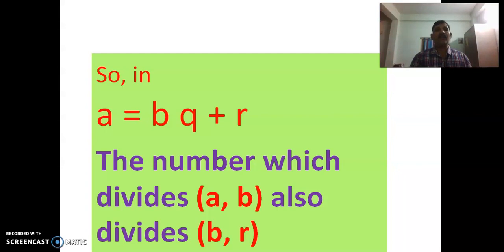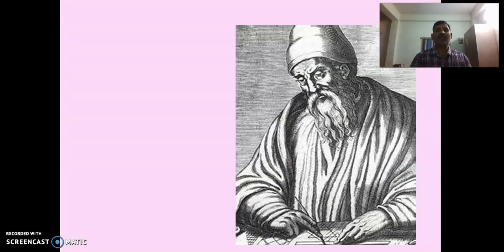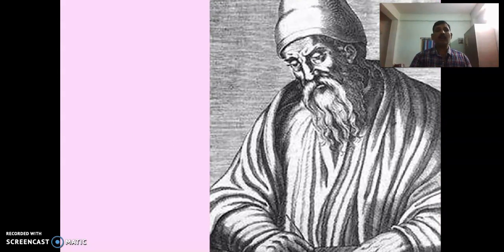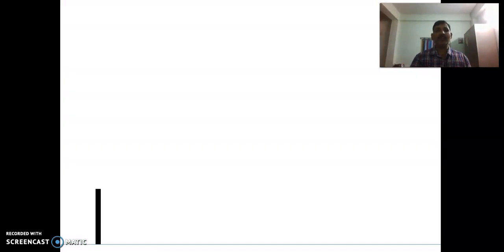Now we can understand that the number which divides a and b also divides b and r. So we continue this process till the remainder is 0. This is what we have to understand. Now this algorithm process was given by the mathematician Euclid. That's why we call it Euclid's division algorithm.